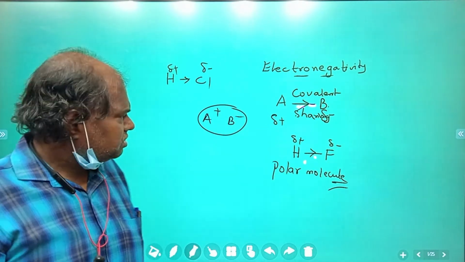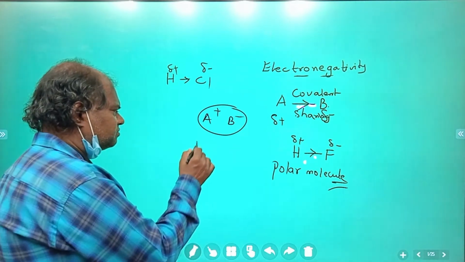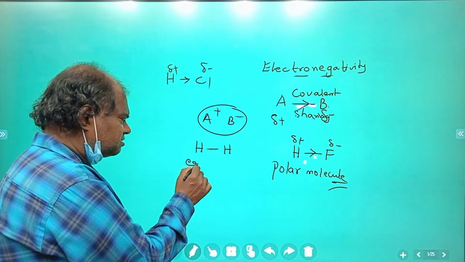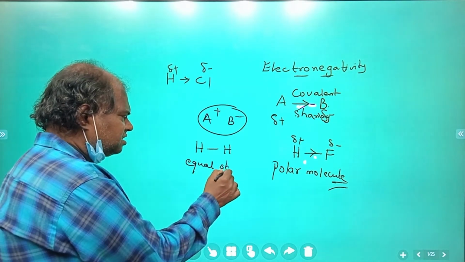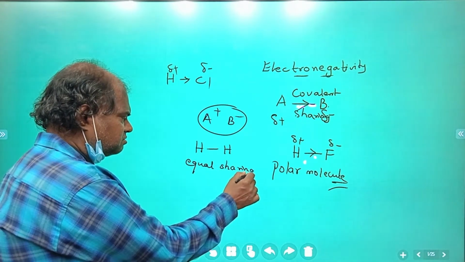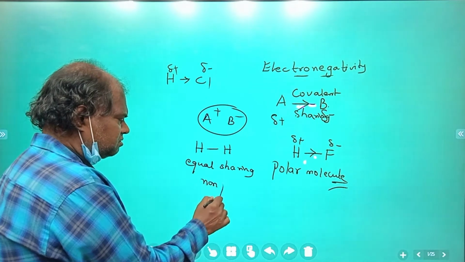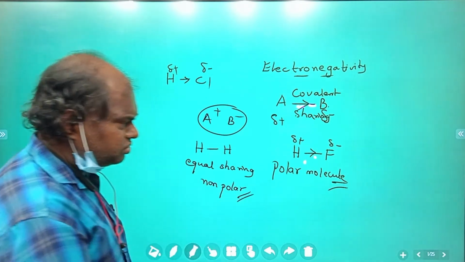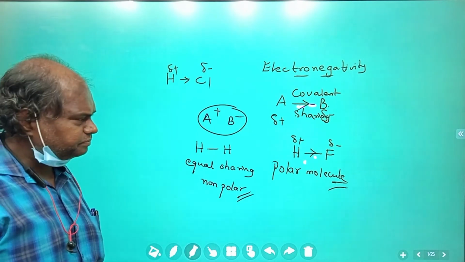Suppose I've got the same atom, suppose I've got H and H. Now here you will get equal sharing, am I right? So in this case, this bond is non-polar. So there will be no polarity in this, right?